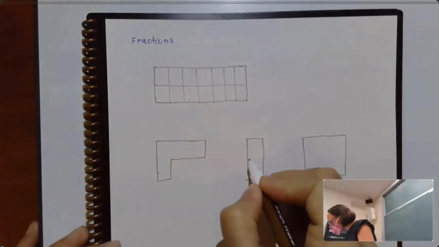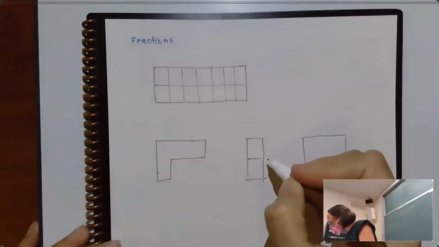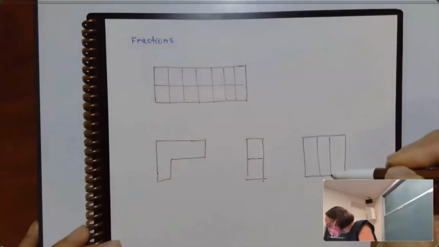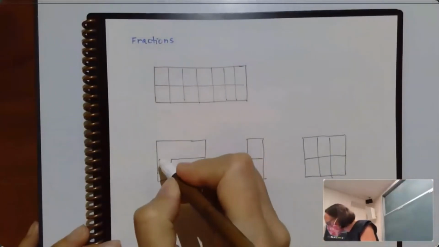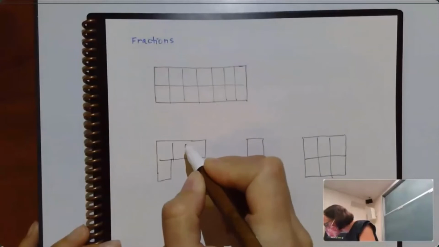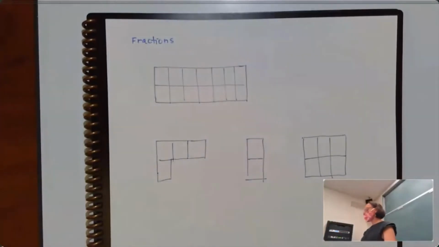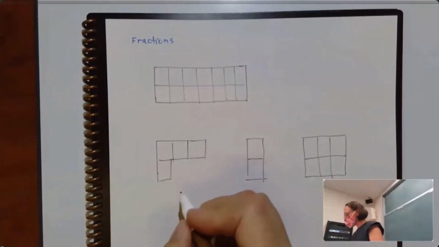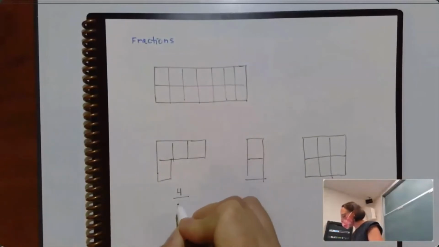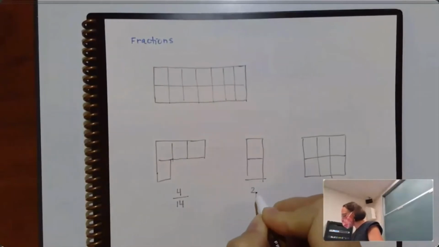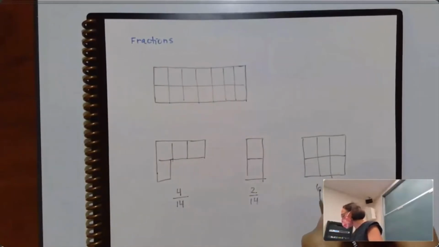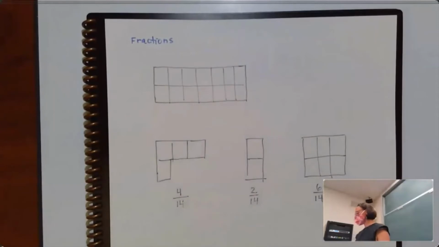So I look carefully and that one really looked like that, this one looked like this, and this one looked like this. Well, now if they all have the same size pieces, then I've got 4/14 and 2/14 and 6/14.